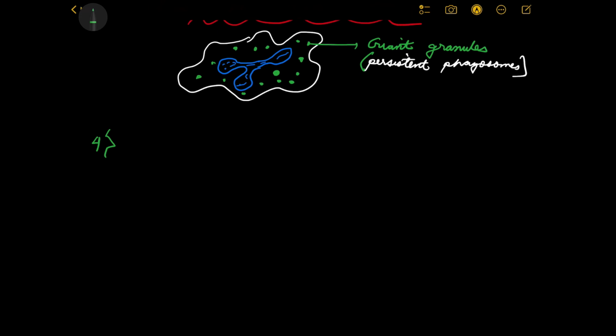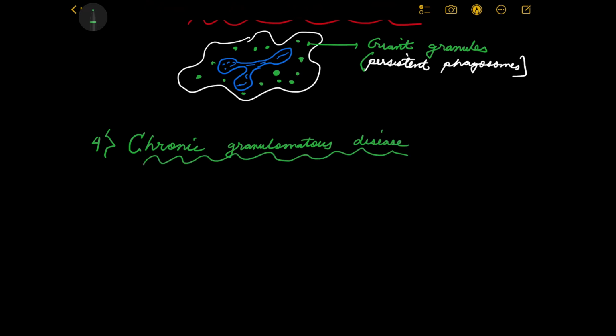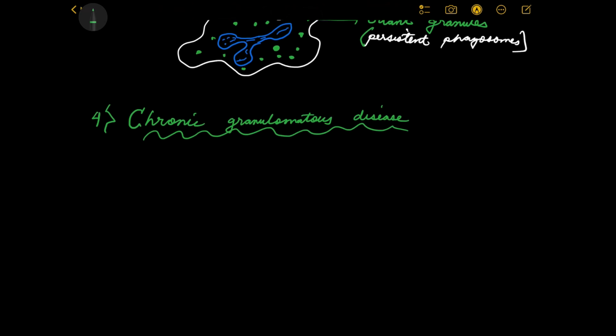The defect in that enzyme leads to a disease which I had talked about a little in the last discussion: chronic granulomatous disease. Now try to understand first of all what this disease is and how exactly NADPH oxidase defect is leading to this disease.